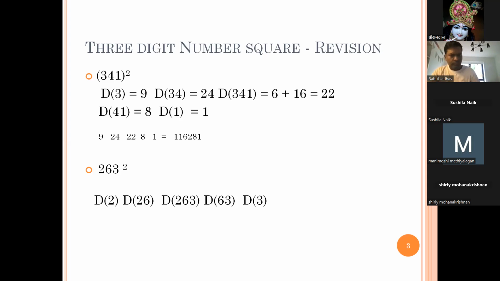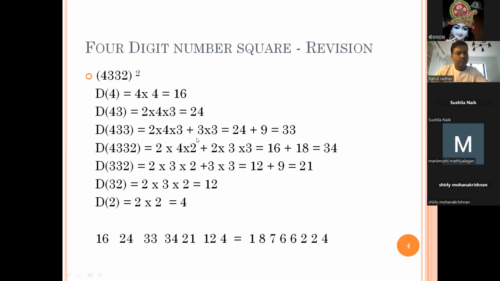So 4 for the 16 and 3 to the 6. 41 is 2 into 4 into 1. Duplex of 1 is 1 into 1. And then we do the calculation the Vedic way to add the numbers to get the final answer. This is what we learned for the 3-digit.